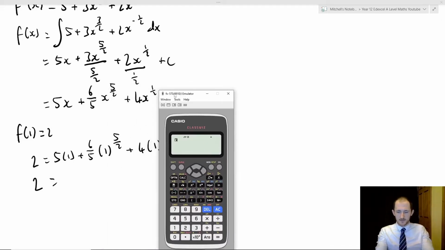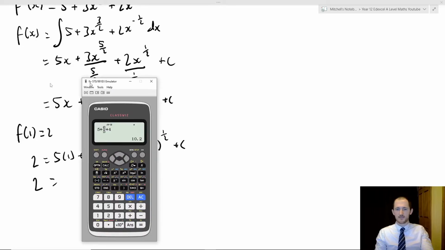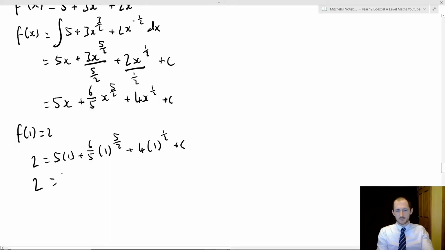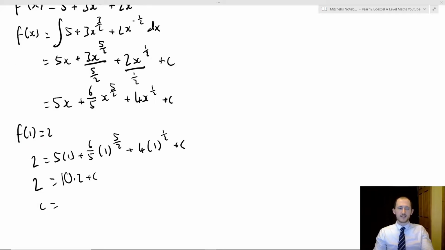So we have 5 plus 6 over 5. That's just 1.2 actually, it's not that bad. Yeah, 51 over 5. Or 10.2. Let's leave it as 10.2. So c equals 2 minus answer. Negative 41 over 5. Or just, to be honest, we tend to use fractions, so let's leave it as a fraction, even though it's absolutely hideous. And that would be our answer.